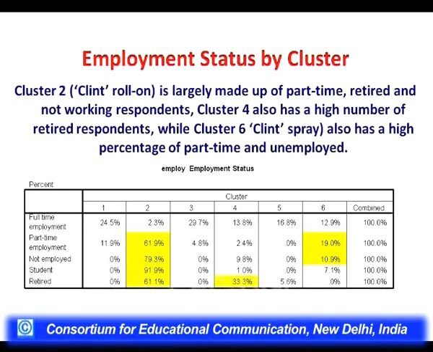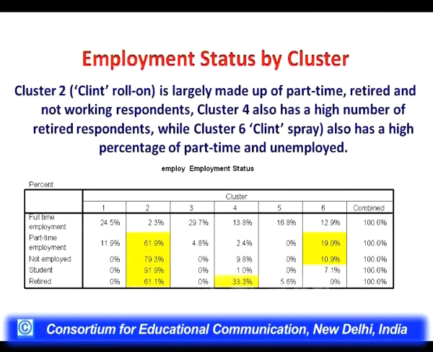And similarly, employment status by cluster. Cluster 2, C brand, C roll-on is largely made up of part-time, retired and not working respondents. Cluster 4 also has a high number of retired respondents, while cluster 6, C brand, C spray also has a high percentage of part-time and unemployed people.